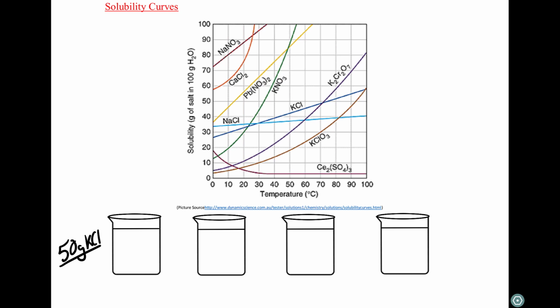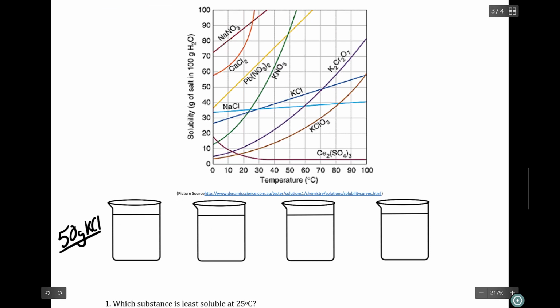But we're going to give each beaker a temperature and we'll start at the hottest and work our way down. This beaker will be at 90 degrees Celsius. And then maybe this one will be at 70 degrees Celsius. And we'll just move down in 20s. This will be 50 degrees Celsius. And this would be 30 degrees Celsius.